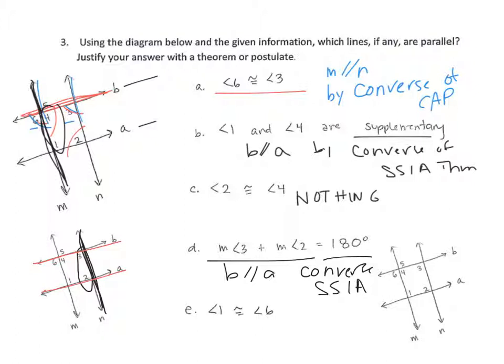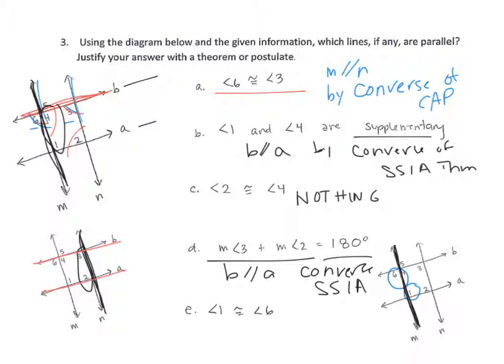And then the last one, what about 1 and 6? 1 and 6 are congruent. And again, I'm going to darken the line that's along both of them. That's the transversal. Okay, so angle 1 and angle 6 are alternate interior angles.